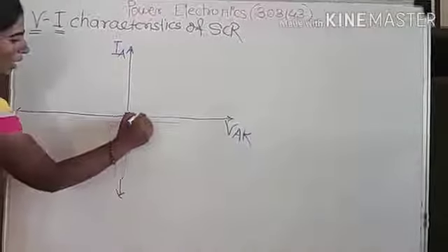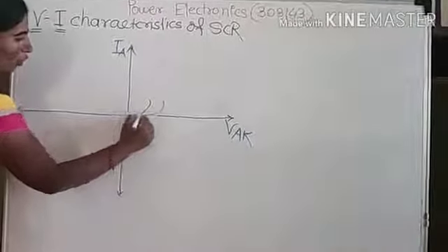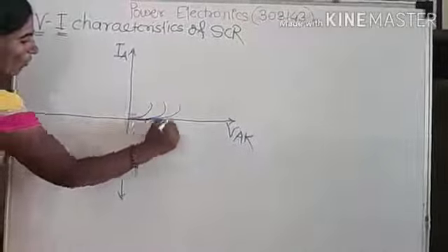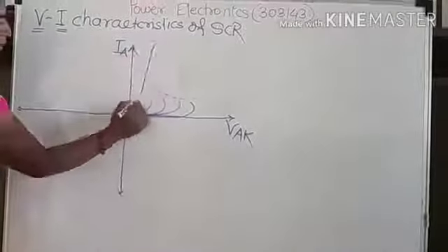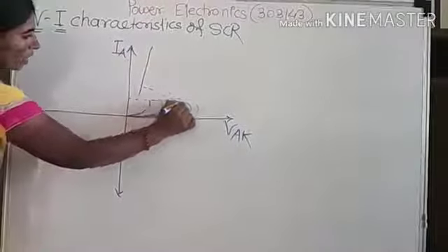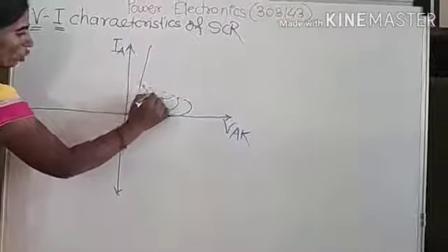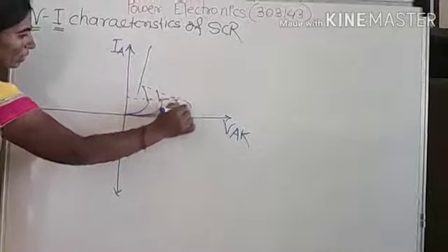Now we know in SCR there will be three terminals: anode, cathode and gate.